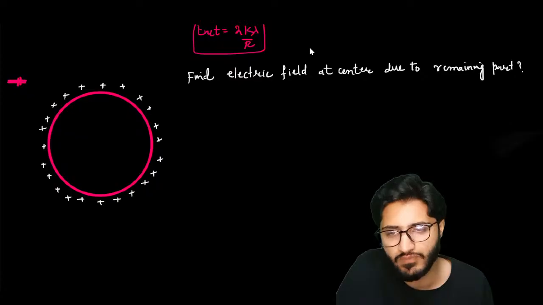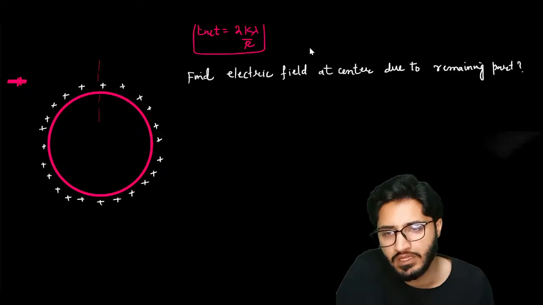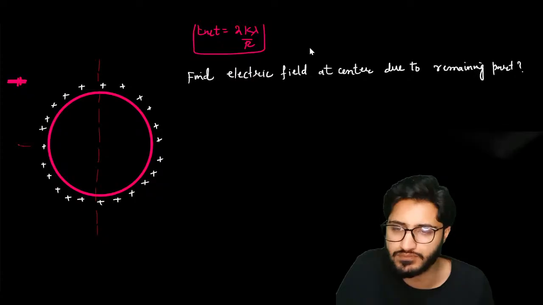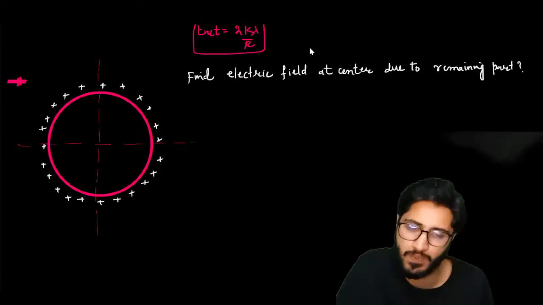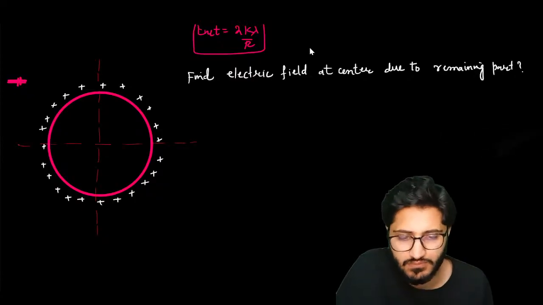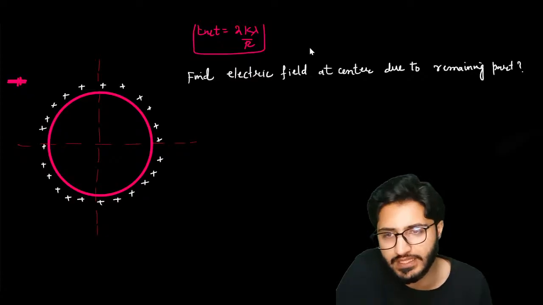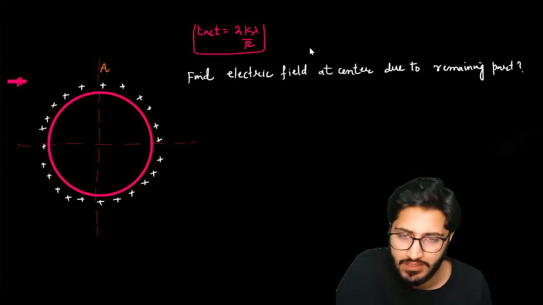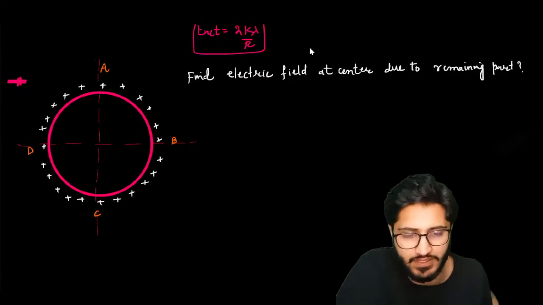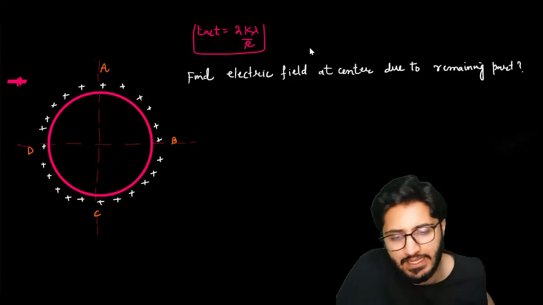Let us divide it into 4 quadrants. Now labeling it. This one is A side. This is B. This one is C. This one is D. We will cut the portion.